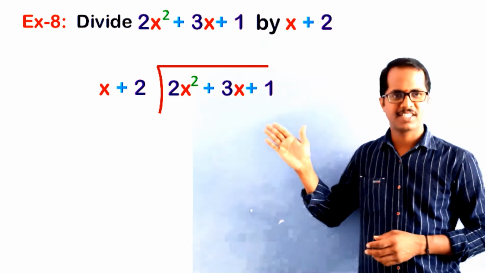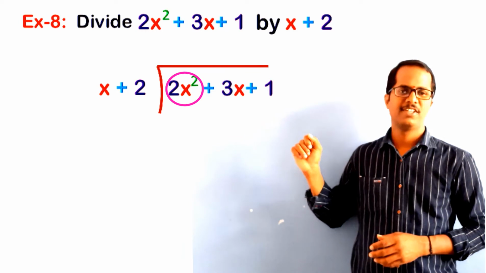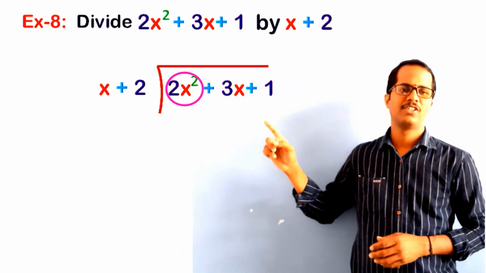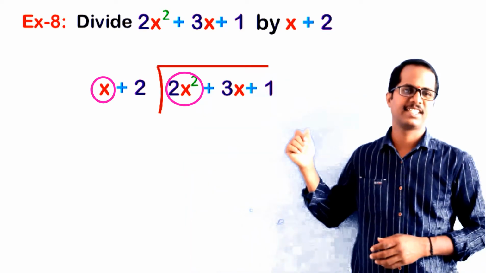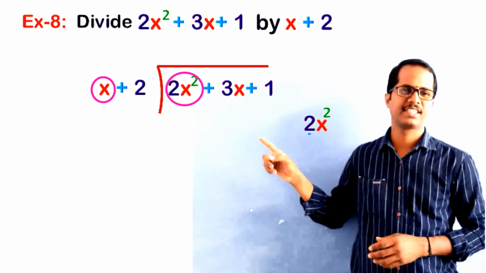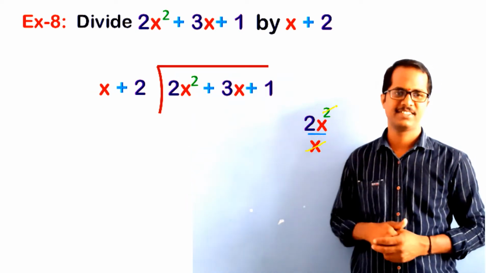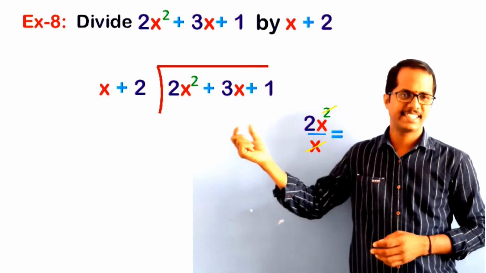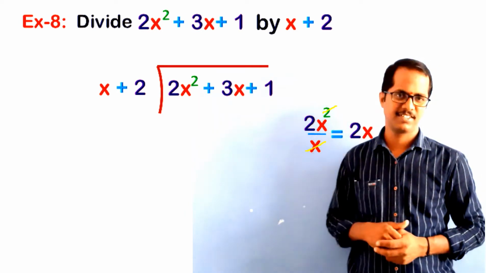So what is the first term of the dividend? That is 2x square. This 2x square should be divided by the first term of the divisor, that is x. By dividing 2x square with x, we get the quotient as 2x. So 2x is the first term of the quotient.